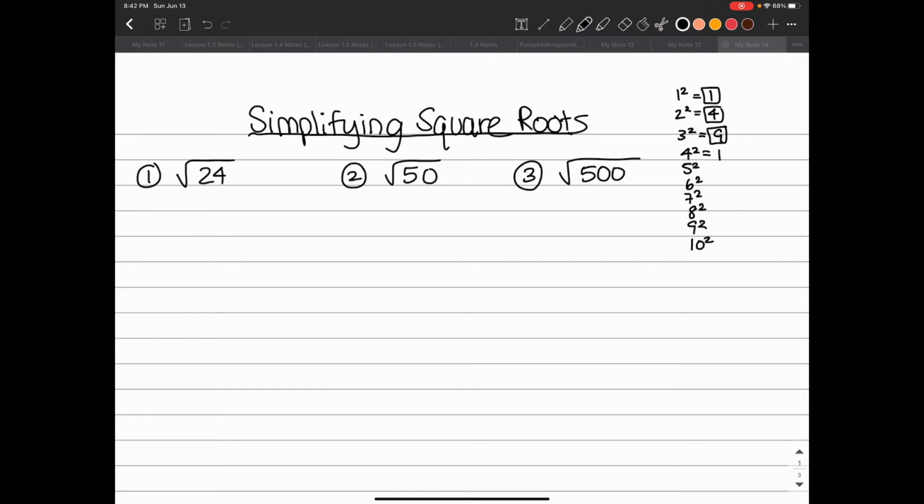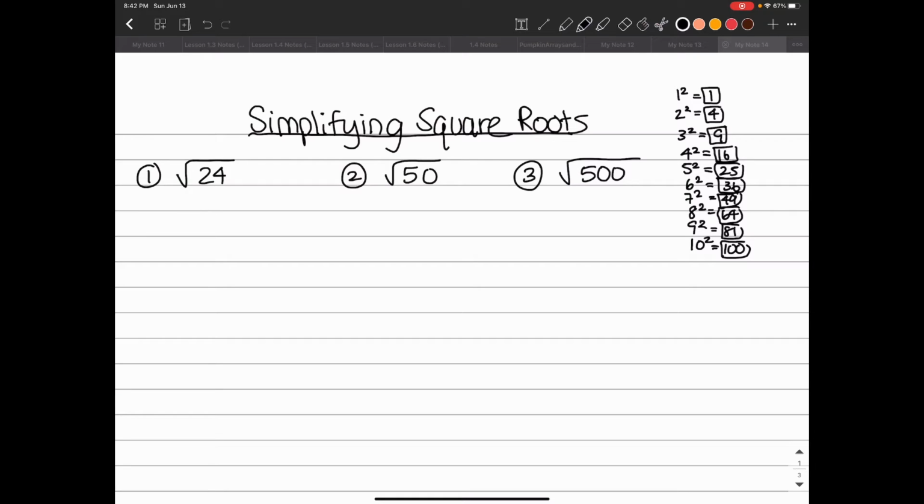And 4 squared is 16, that's a perfect square. 5 squared is 25, that's a perfect square. 6 squared, 36, that's a perfect square. 49 is a perfect square. 64 is a perfect square. 81 is a perfect square, and 100 is a perfect square, and so on. 11 squared, 12 squared, 13 squared, etc.